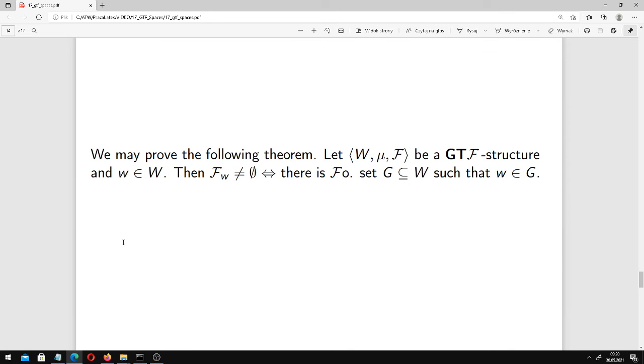If we have a GTF structure and a certain element in our universe, then F(w) is non-empty if and only if there is an F-open set G contained in W such that small w belongs to G. And you may find the proof in our paper, in our bibliography. I would say that the right-to-left direction is clear, but left-to-right is slightly more complicated.